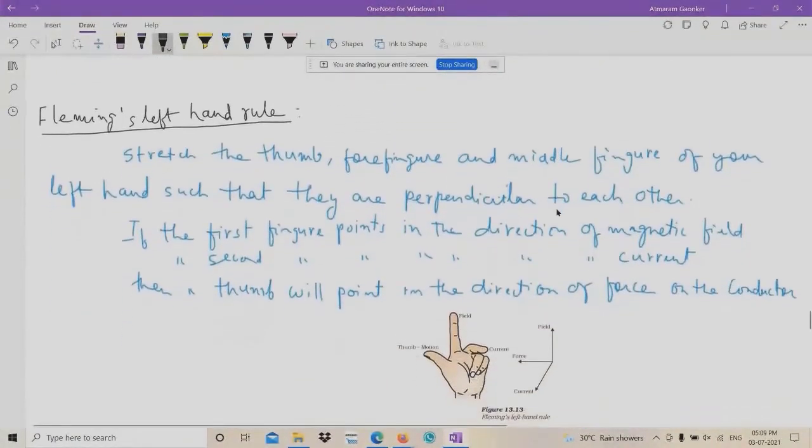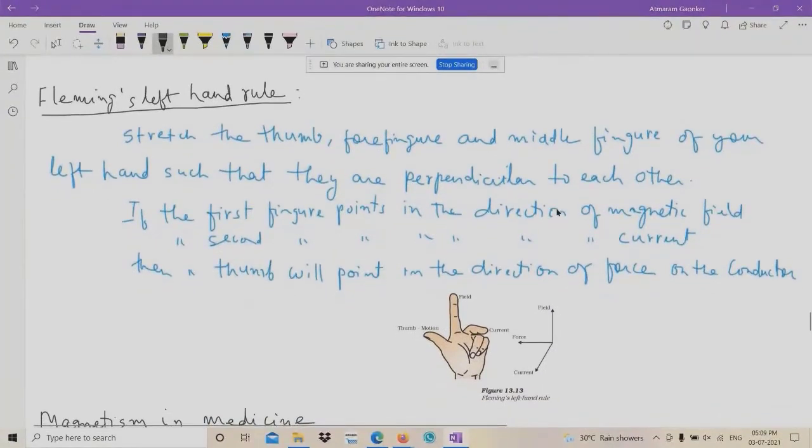So then we have to understand what Fleming's left hand rule is. Now all these three directions are determined by Fleming's left hand rule, and there is Fleming's right hand rule also, which is applicable for magnetic induction. And since magnetic induction is removed from the syllabus, that is not there. You only have to know Fleming's left hand rule. See here, the left hand is taken and three fingers, that is thumb, middle finger and forefinger, all three are stretched so that they are perpendicular to each other.